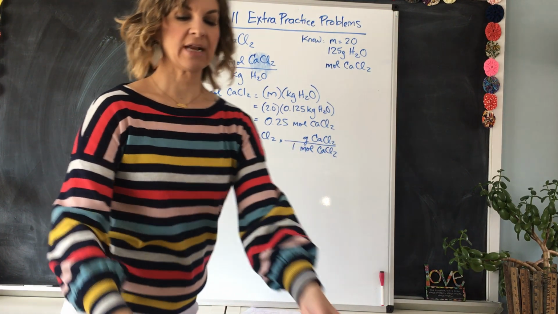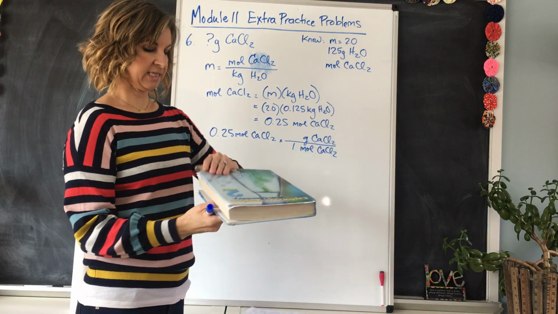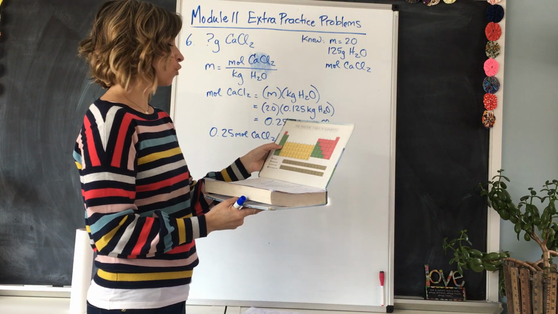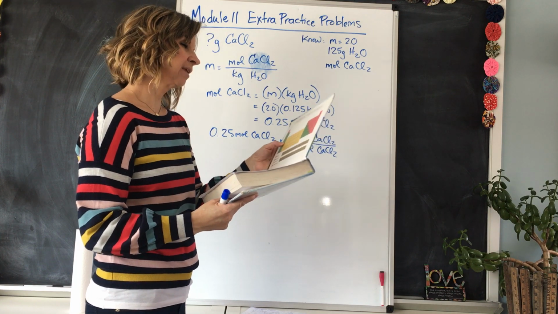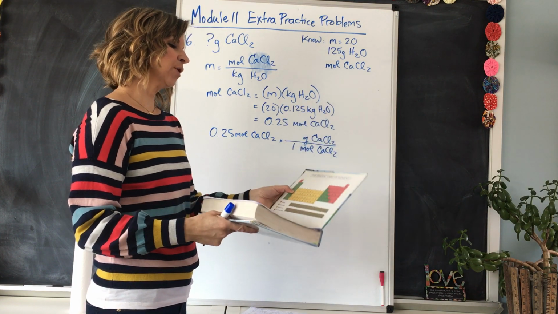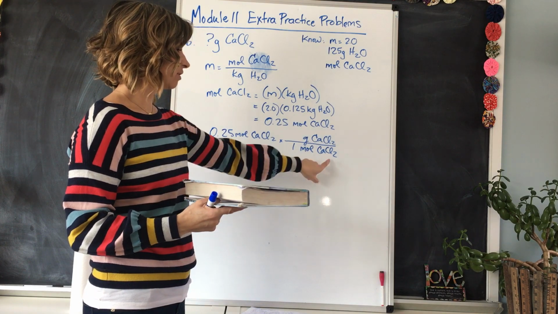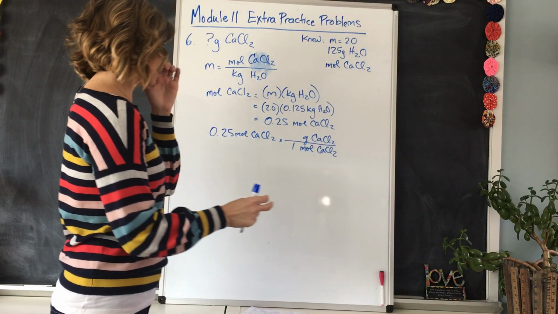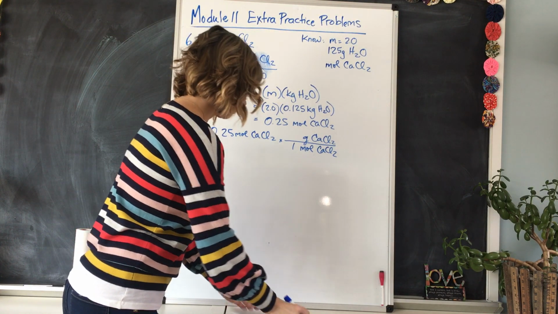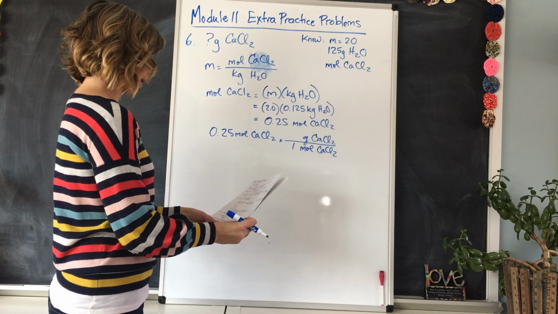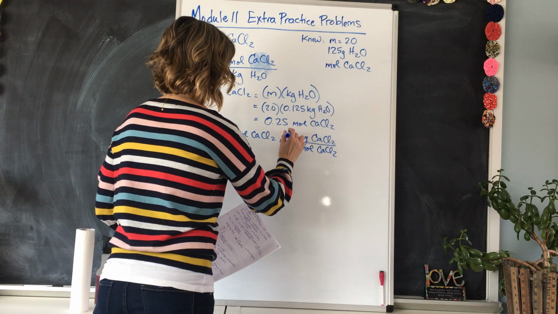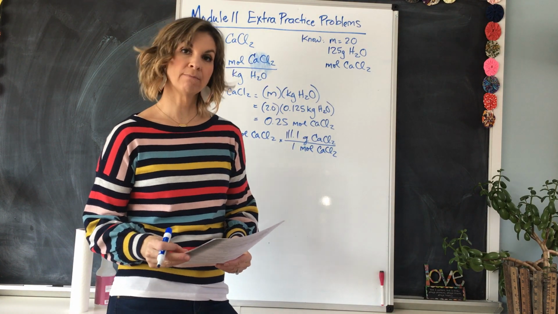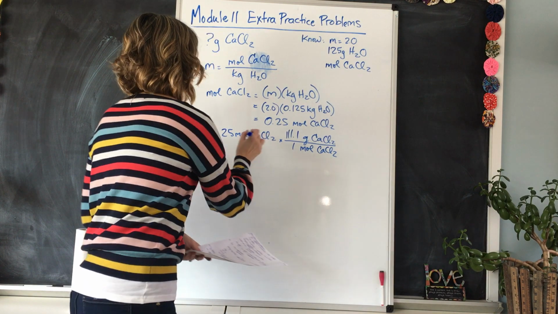And if I look in the periodic table, 1 mole of CaCl2 would be 40.1 for the calcium, and then 35.5 times 2 for the chlorine, because there are 2 chlorines in CaCl2. So if I add those up, I get 111.1 grams of CaCl2 in every mole of CaCl2.